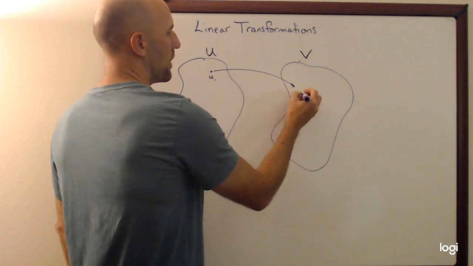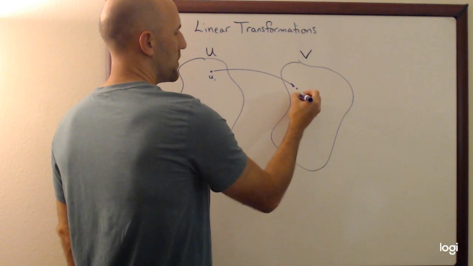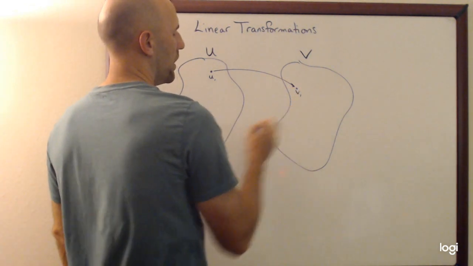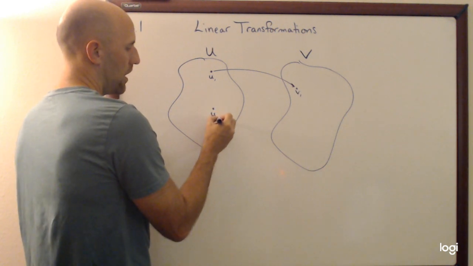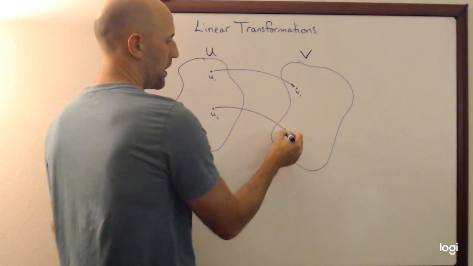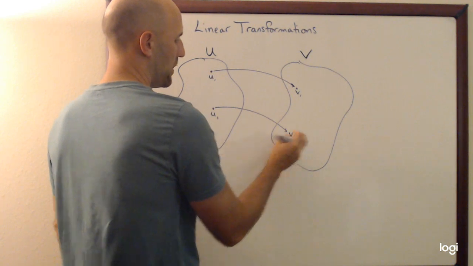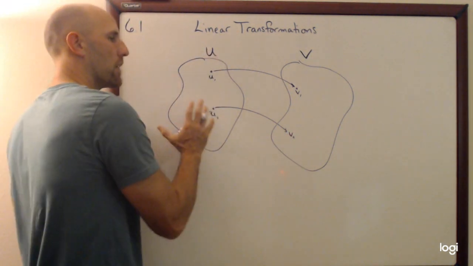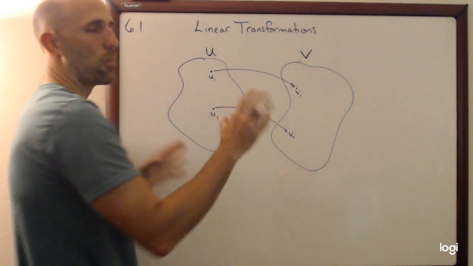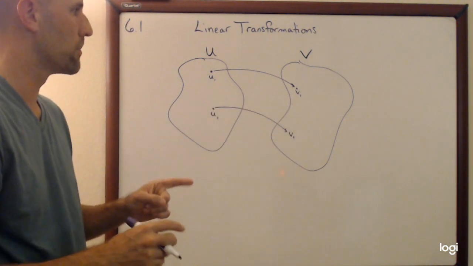And let's say the instructions send this value over here to V1, and maybe it takes U2 and it sends that over here to, let's say, V2, and every single point in this left-hand space here gets sent somewhere at exactly one place, right?